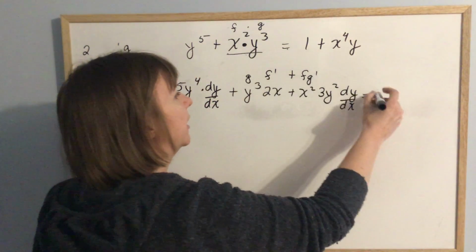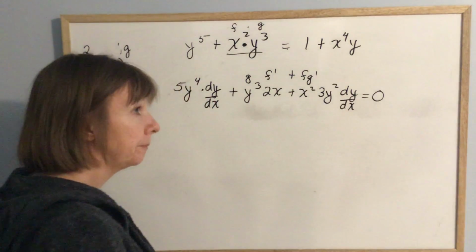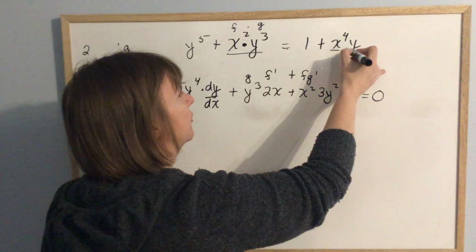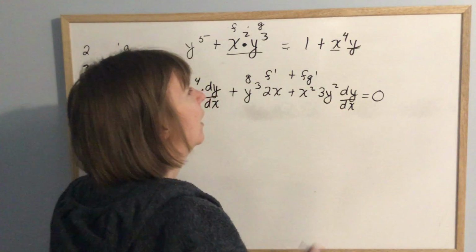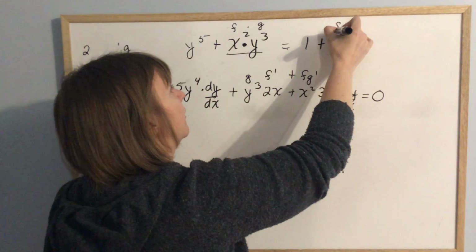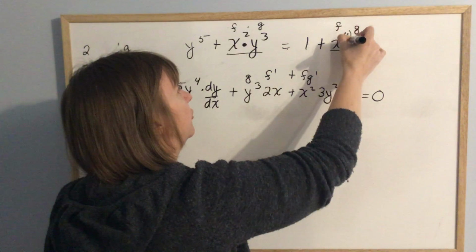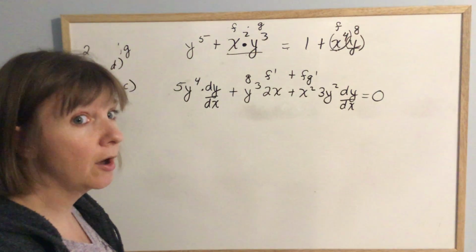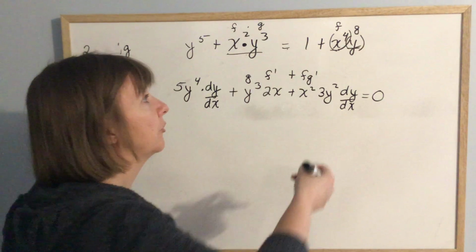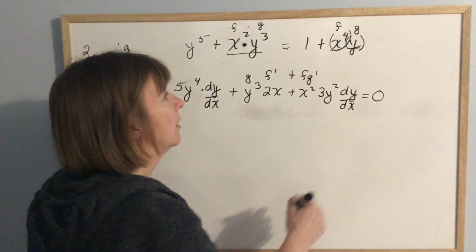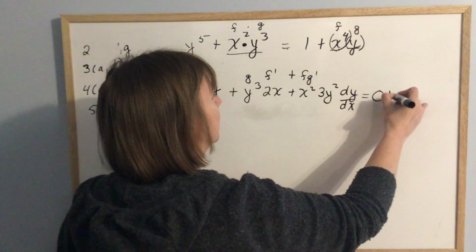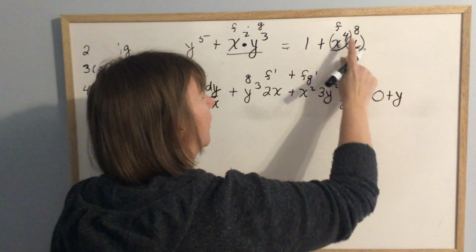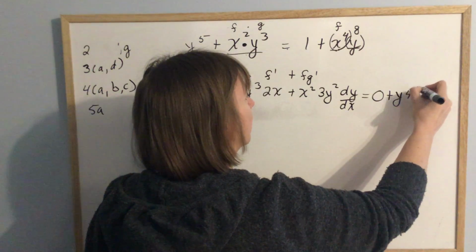Okay, now we have the equals. The derivative of 1 is 0. But again, look at this. I am multiplying my x to the 4th with my y. So again, this would be f, this would be g, and I'm multiplying those two things together. So I have to do the product rule again. So plus, now I have to do g, which is y, f prime, which is 4x cubed.